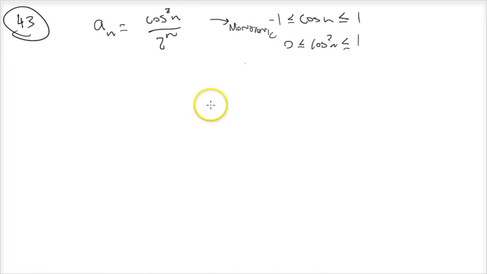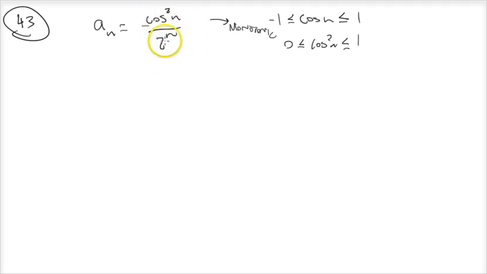Alright, so what we have to do then is prove that this is always greater than a certain number. So n starts at 1, right? And it keeps getting bigger. Well, as this n gets really, really large, this starts approaching infinity and everything starts approaching a 0. But there's no way that this function can ever get under 0, right? Because cosine squared right here will never be negative.